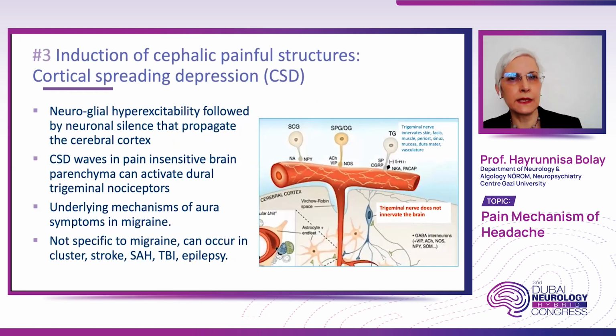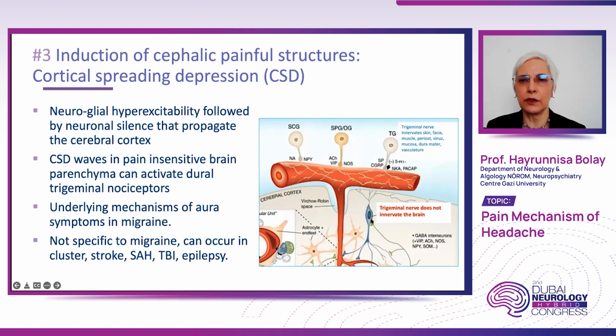The third example is cortical spreading depression. As we know, it's a neuroglial hyperexcitability followed by a neuronal silence, which propagates through the cortex. And the cerebral cortex is pain insensitive.